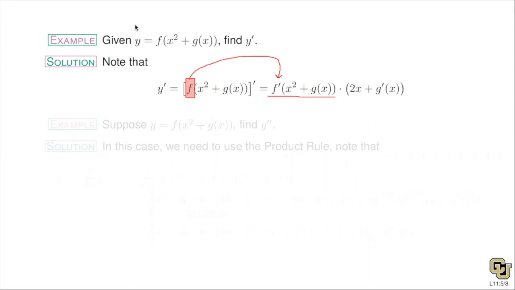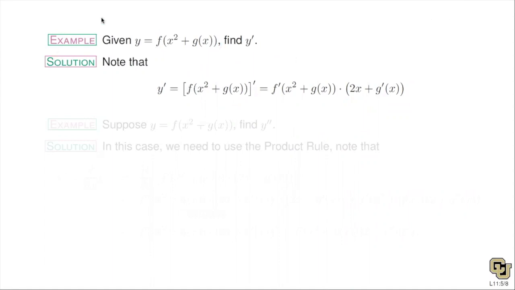The derivative of g, because I don't know what g is, I'm just going to say is g prime. So there's your derivative of the outside, which I underline in red, times your derivative of the inside, which is, and you should look at the original function and see the pieces. See that x squared plus g of x is inside the function f for a composition.